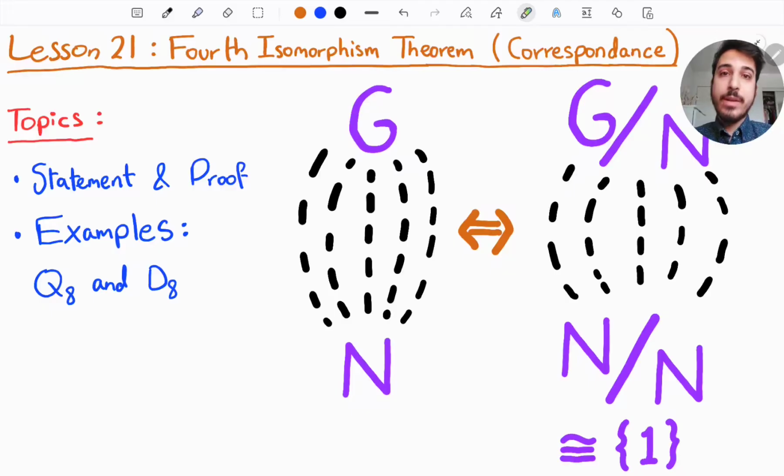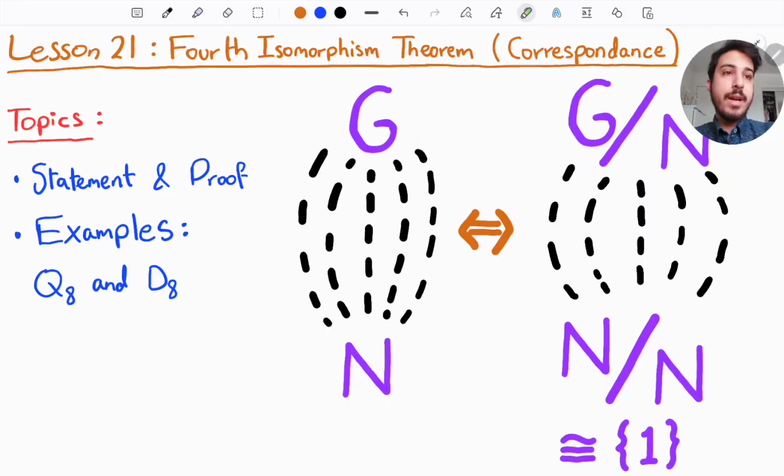In lesson 12, subgroups generated by a subset, we have taken how to draw the lattice of a group. The lattice of a group describes none other than the subgroups of this group. So this is exactly what I've drawn here.